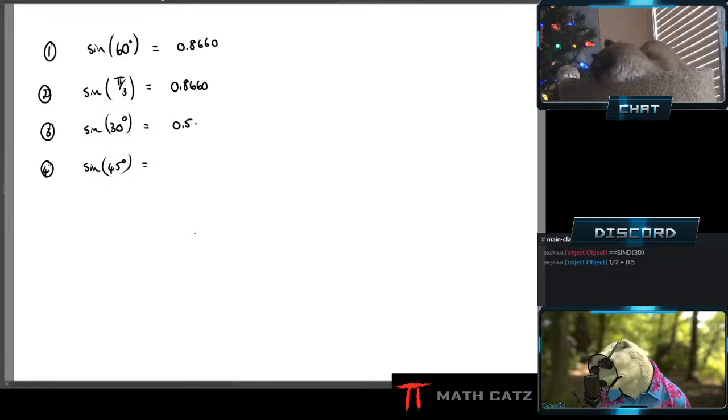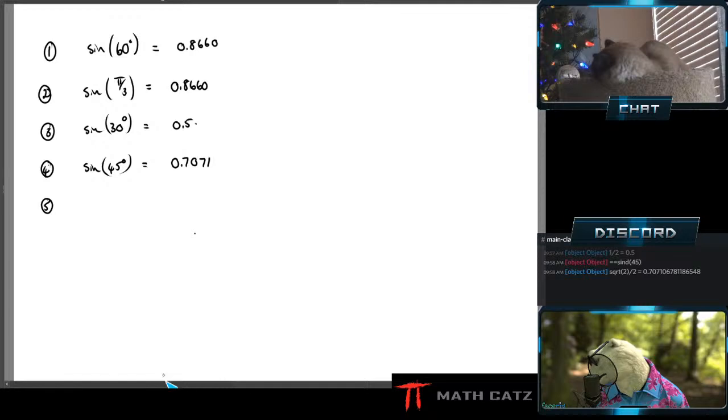A common mistake is to be in degrees when you're using radians and be in radians when you should be in degrees. That's something I want to be aware of. So I'm in degrees. So MathBot requires that I attach that D so that it knows what I am working in.